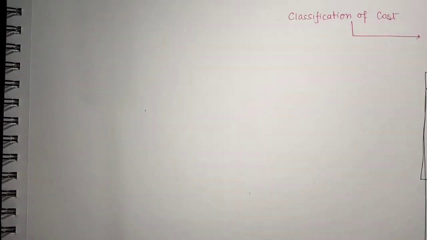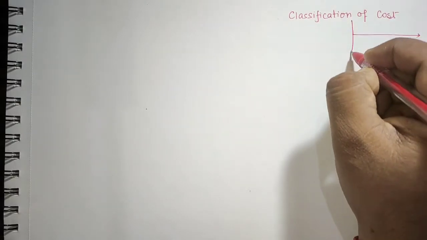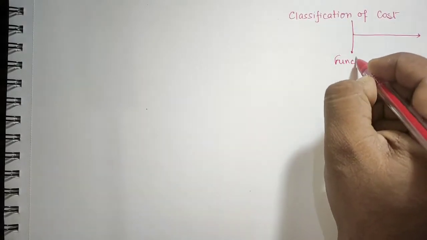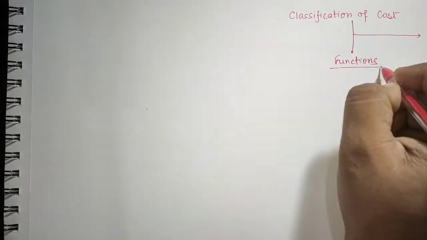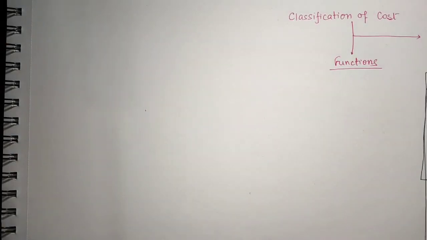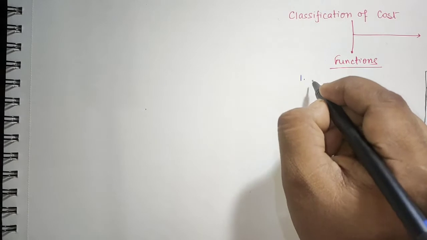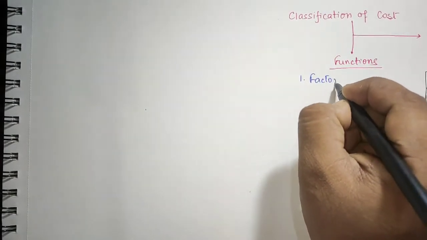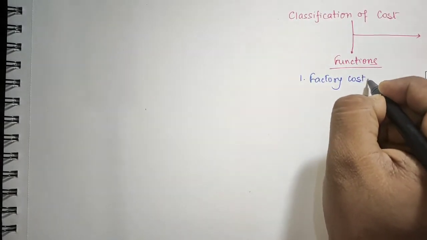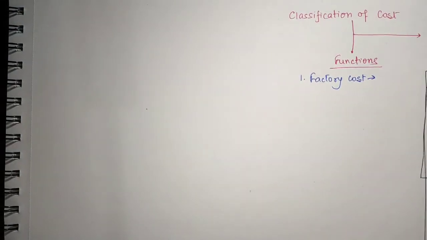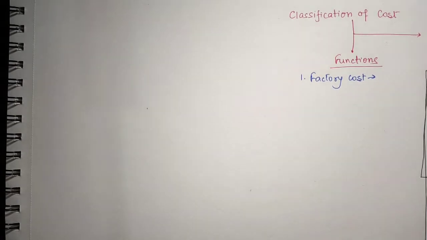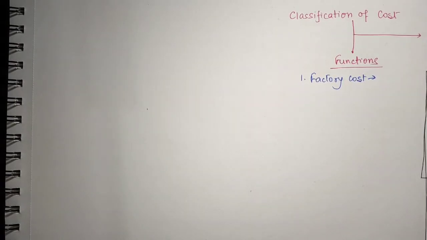Then we discuss classification of cost on the basis of functions. When it comes to function, the first we get is factory cost. Factory cost is the cost of the sequence of operations which begins with the supply of materials, labor, services and ends with primary packing of the product. It includes the cost of direct material, labor, direct expenses and factory overhead.